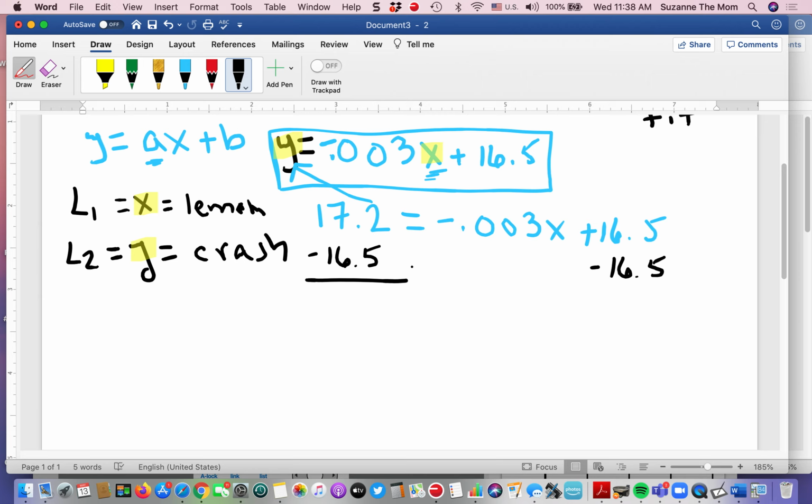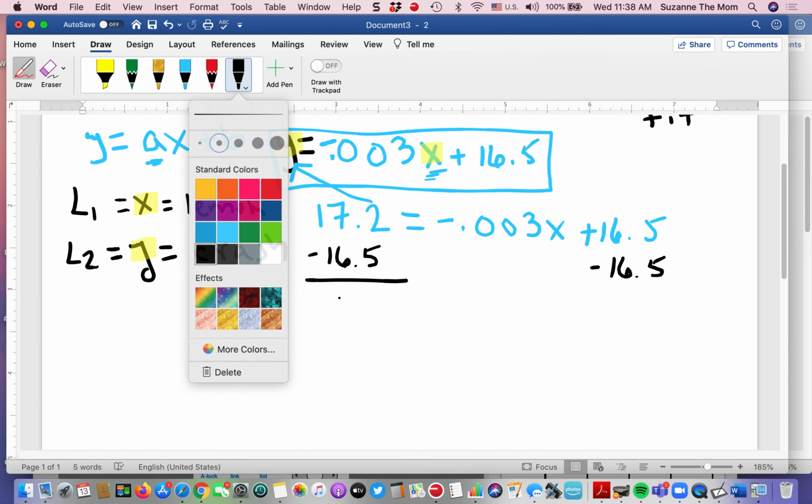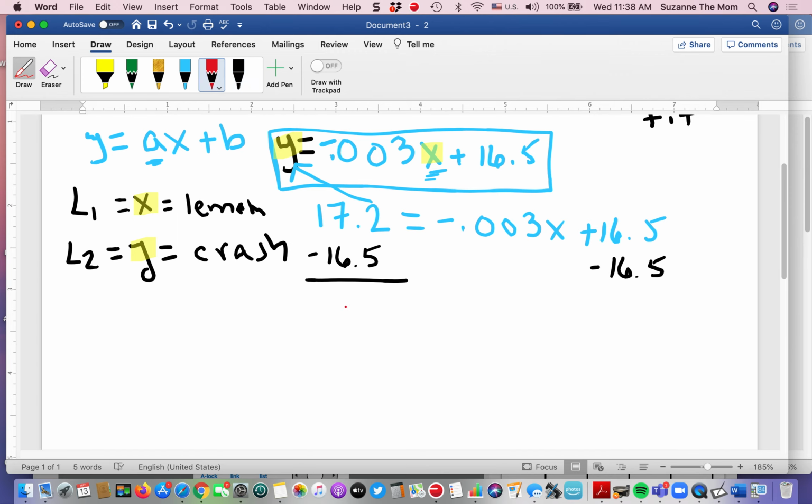I miss you guys. So 17.2 minus 16.5 is 0.7. So 0.7 equals negative 0.003x, and I'm going to divide by that number to get my final answer.